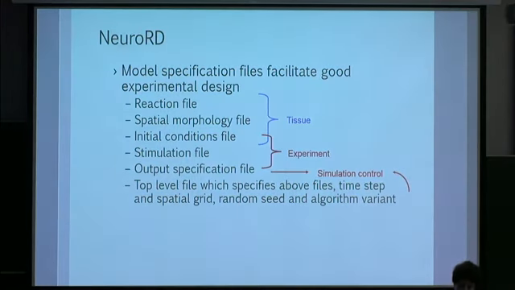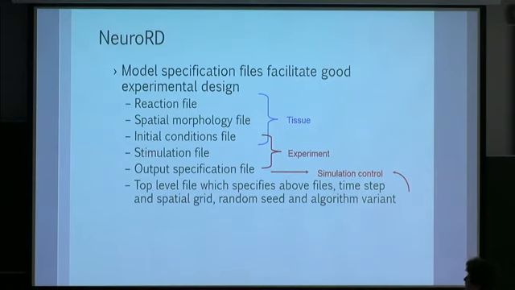And then the last thing I want to say is that we use an XML interface, and we actually have these separate files, and we do this because I like to emphasize with my students and postdocs good experimental design for our simulations, because we're really trying to address biological questions. And so we have separate reaction files and the morphology and an initial conditions file, and I think of this as the tissue, and then we have a stimulation file, and we specify our output.